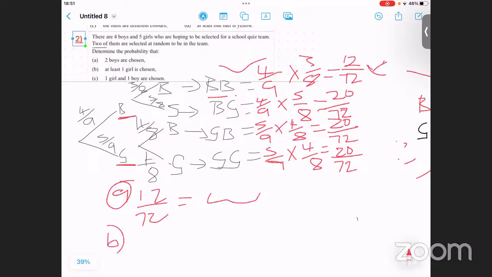determine the probability that at least one girl is chosen. Now do you have at least one girl here? No. Here? Yes.